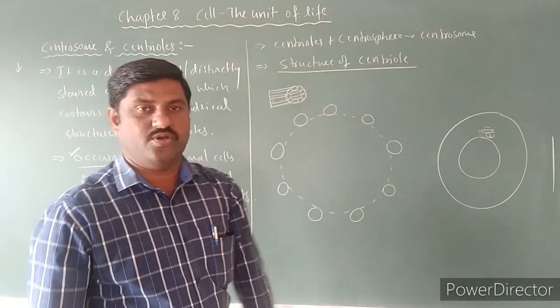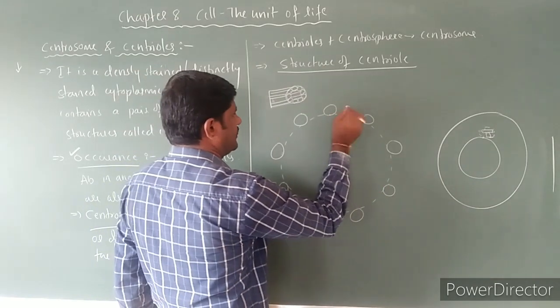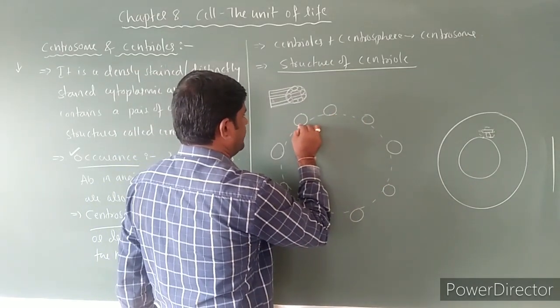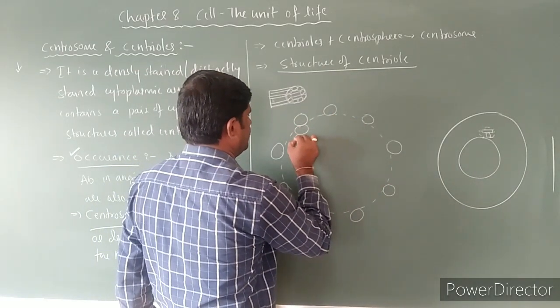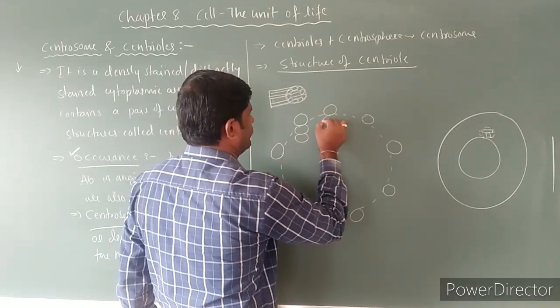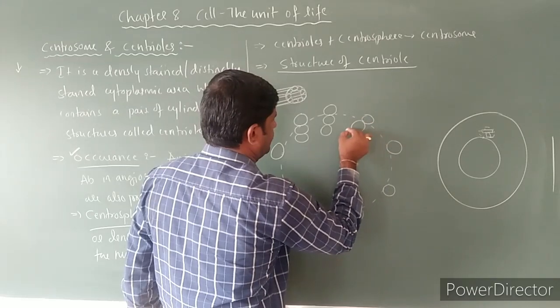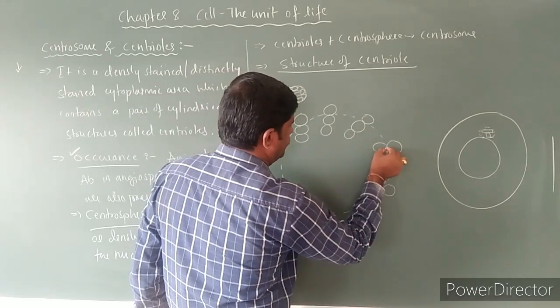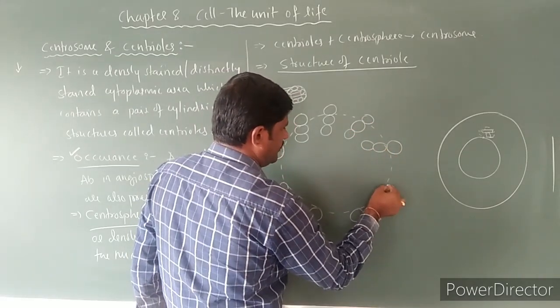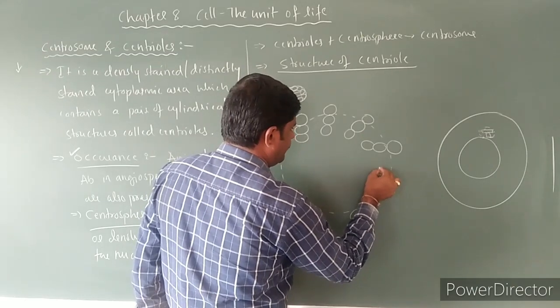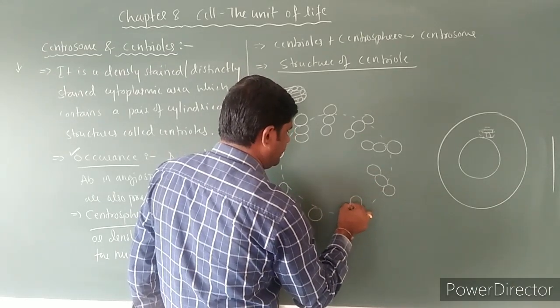I am going to show you the 9 triplets. See here, it has 1 and 2, 1 and 2, 1 and 2. Totally here you are going to see 9 triplets.